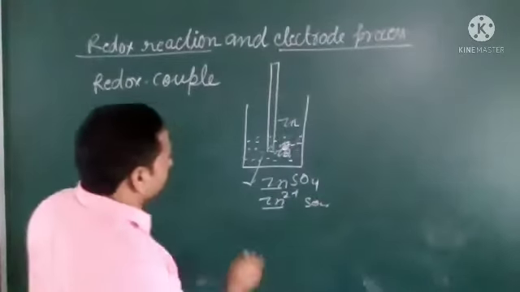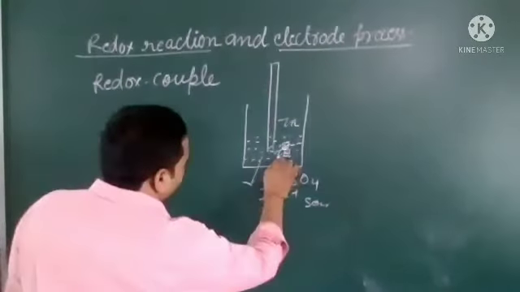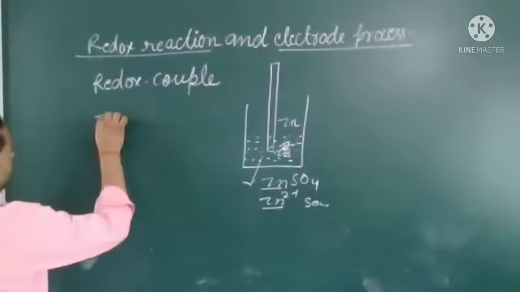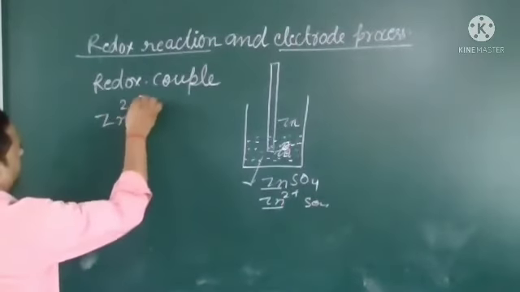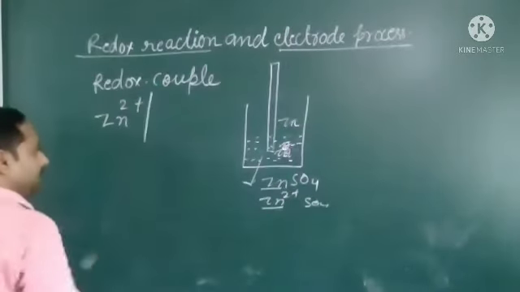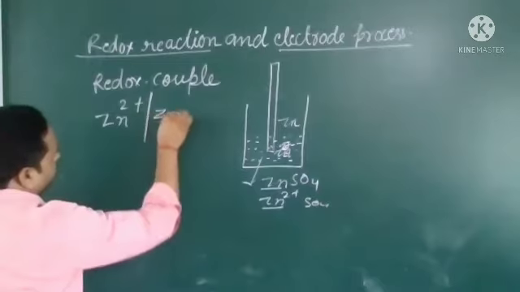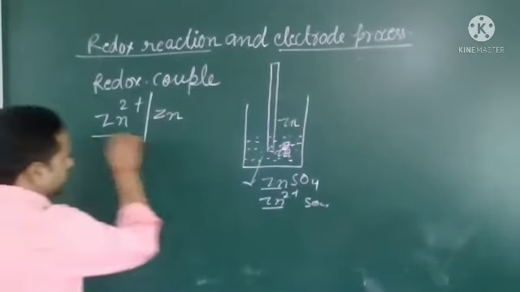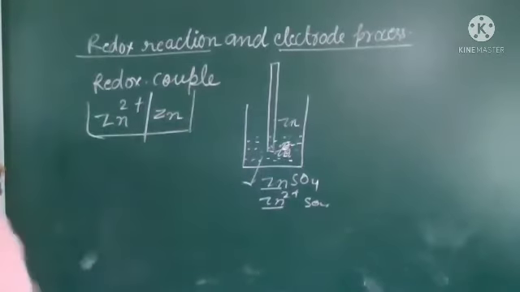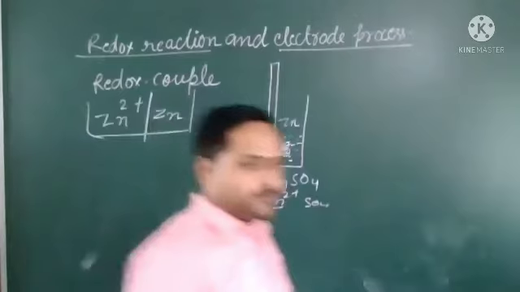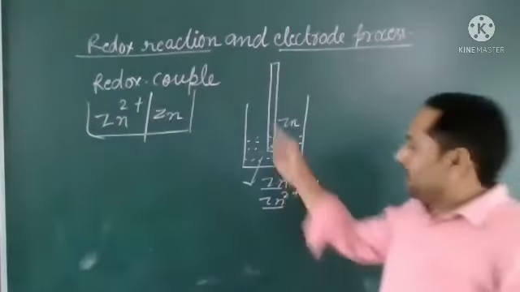If I write Zn 2+, one vertical line, and Zn, this is known as a redox couple. What have I done here?